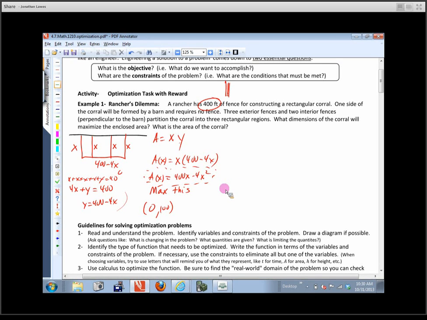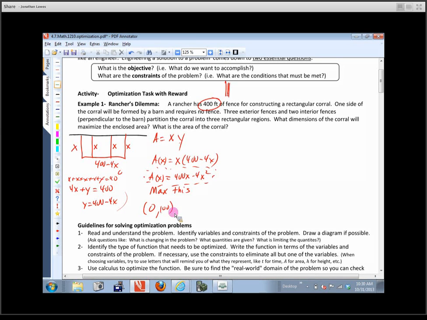Not happy animals. So the real-world domain is from 0 to 100, but doesn't include either one of them. If we use 0, we don't have a rectangle. If I used 100, I'd have 4 100-foot fences sitting right next to each other. No area whatsoever for the animals.